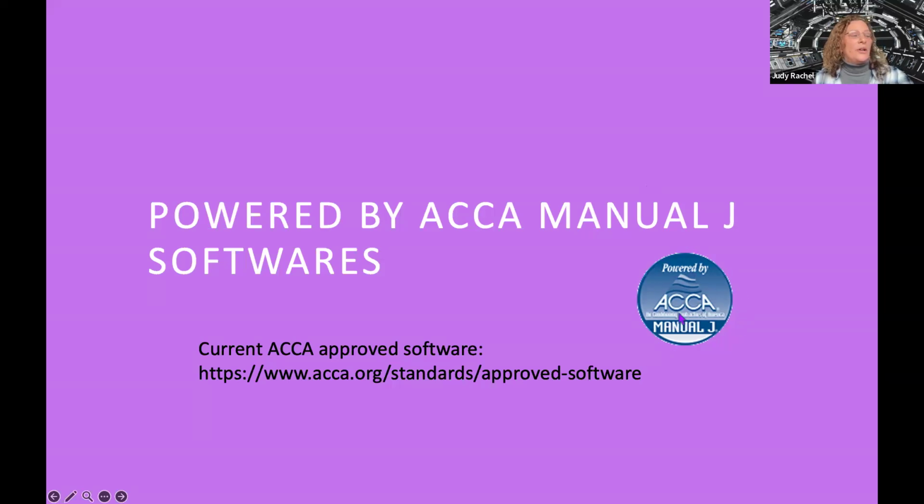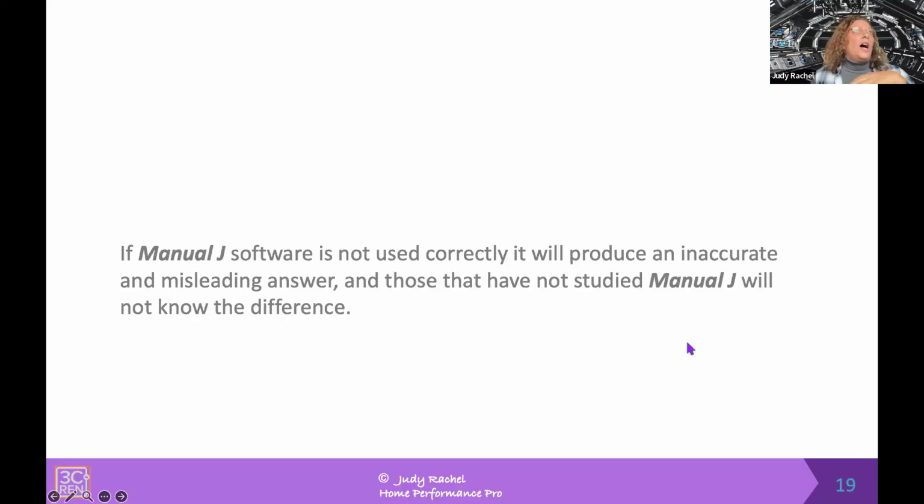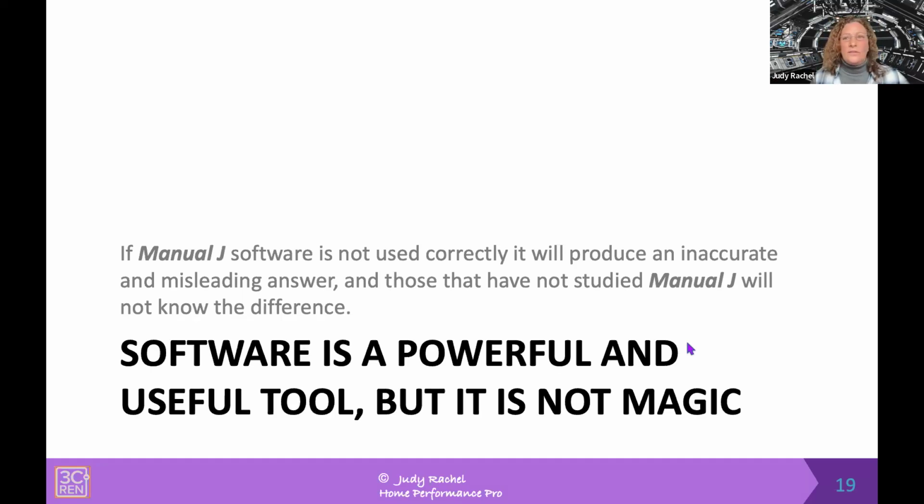They're allowed to display this logo, powered by ACCA Manual J. And that means the software has been approved by ACCA to come up with accurate estimates if you use the software correctly. When it's not used correctly, you're going to end up with an inaccurate and misleading answer. And of course, anybody who hasn't studied Manual J is going to have no idea whether that's right or not.